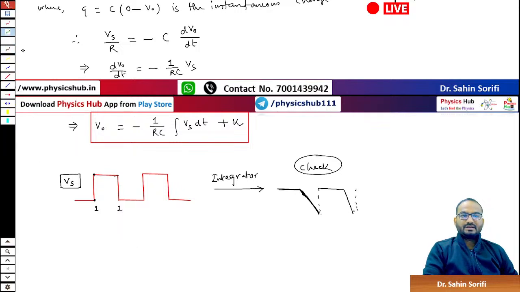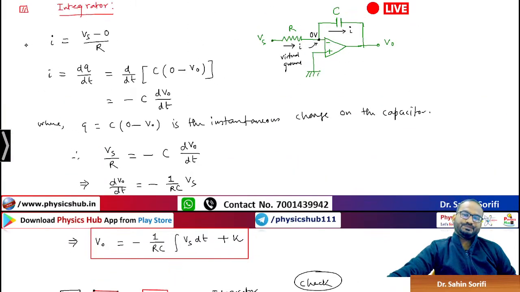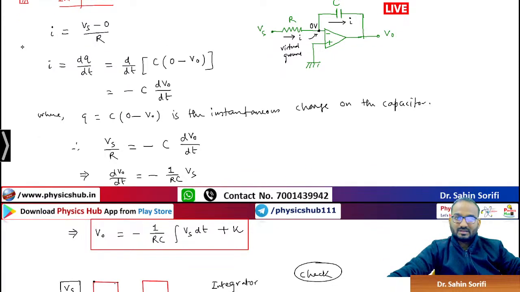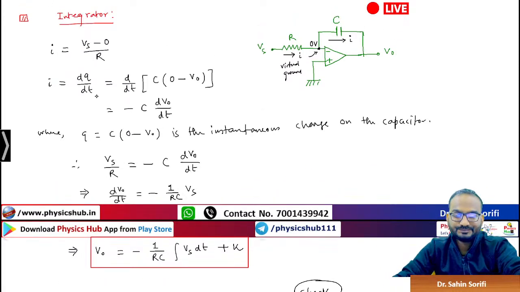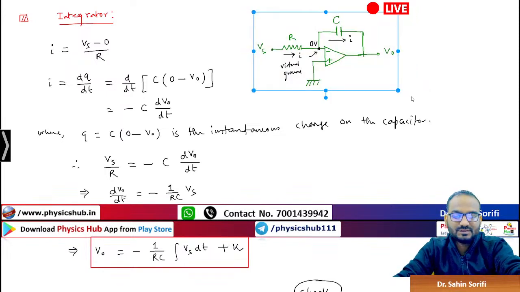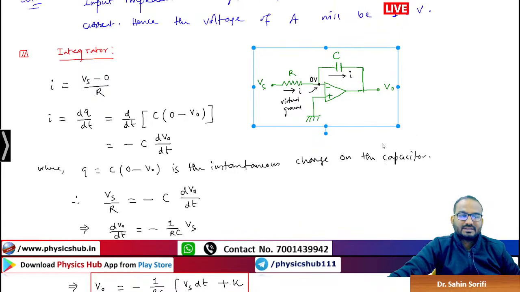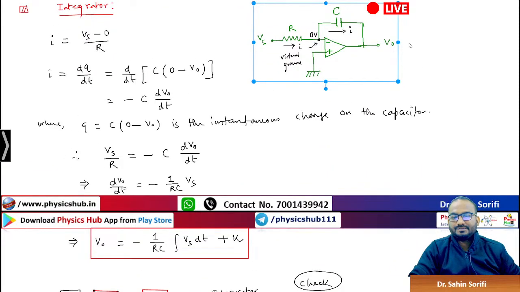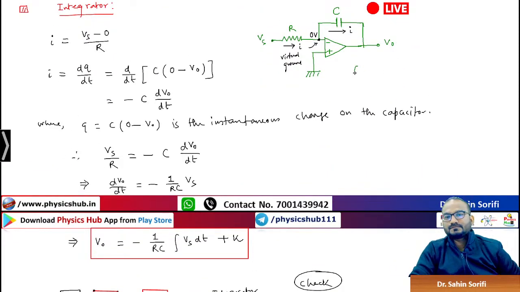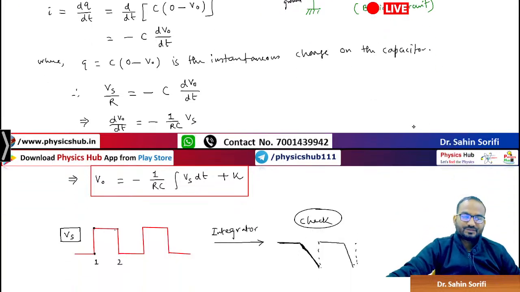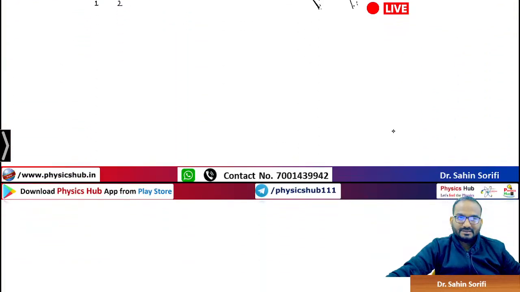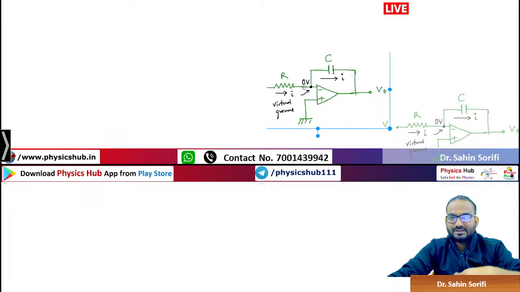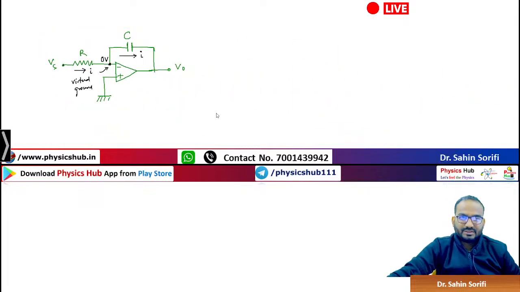Now this is the ideal integrator, the basic circuit you can say. In a practical integrator, some additional components are added. It needs some modification.